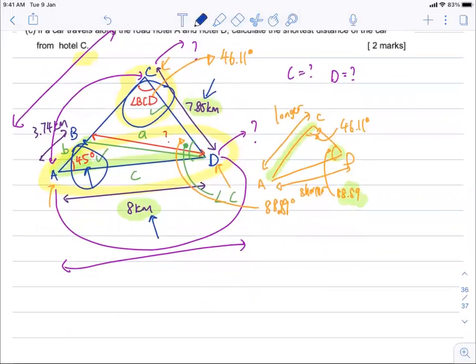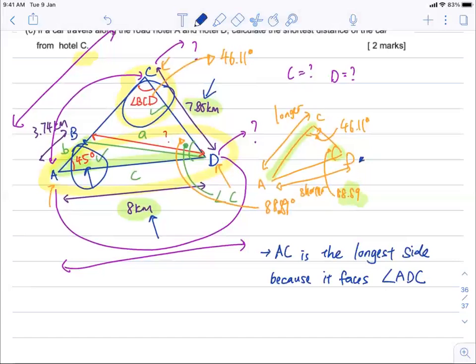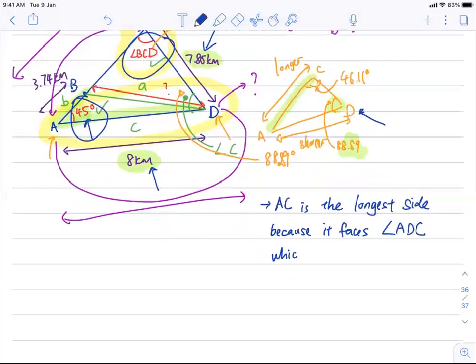So we can write AC is the longest side. Why? Because it faces angle ADC, the one on the opposite, which is the largest angle.